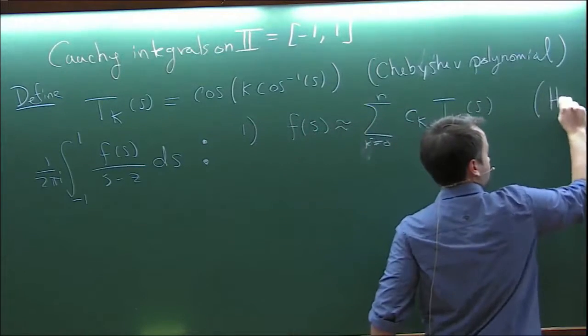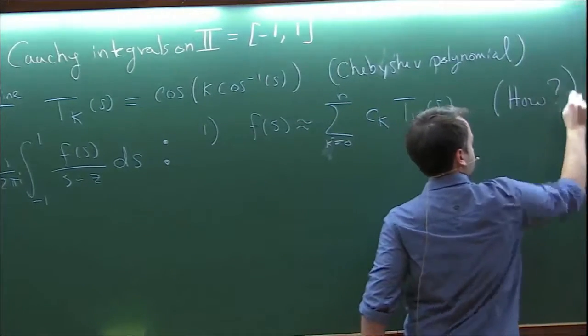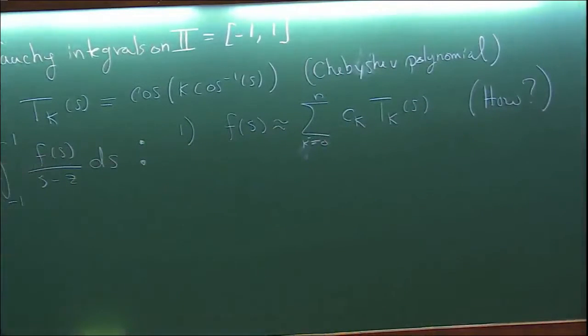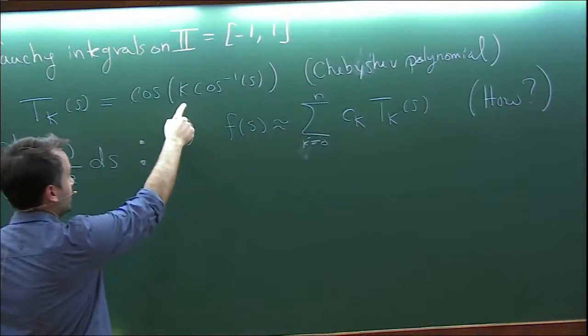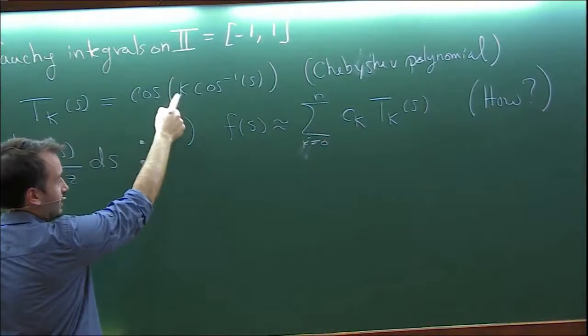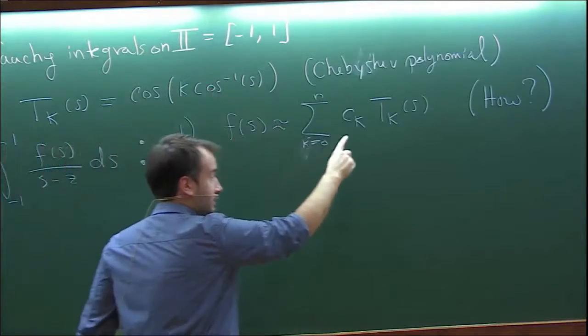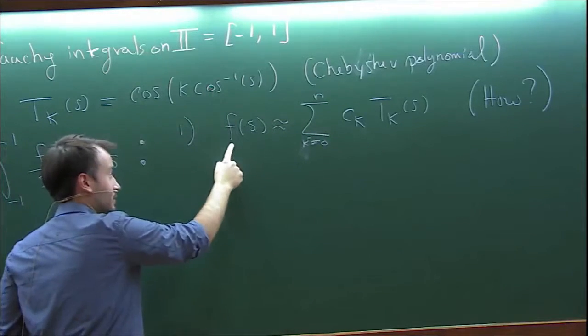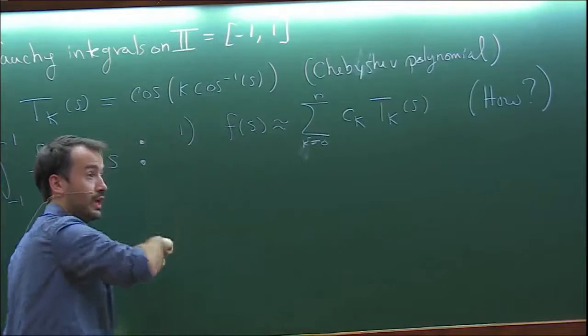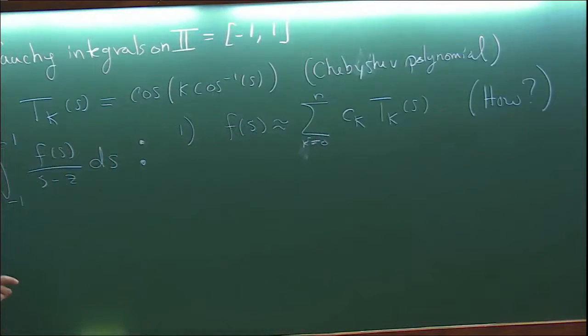And a good question is how? Based on this representation, you see cosines, so you can take this function and map it to an even function on minus pi to pi.